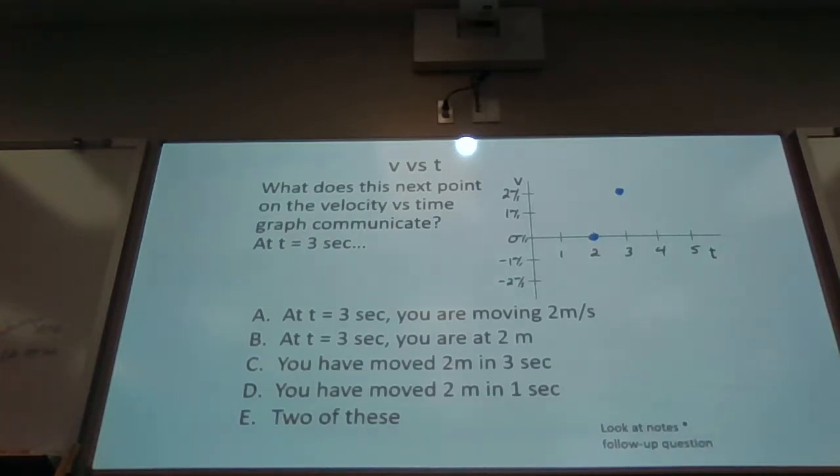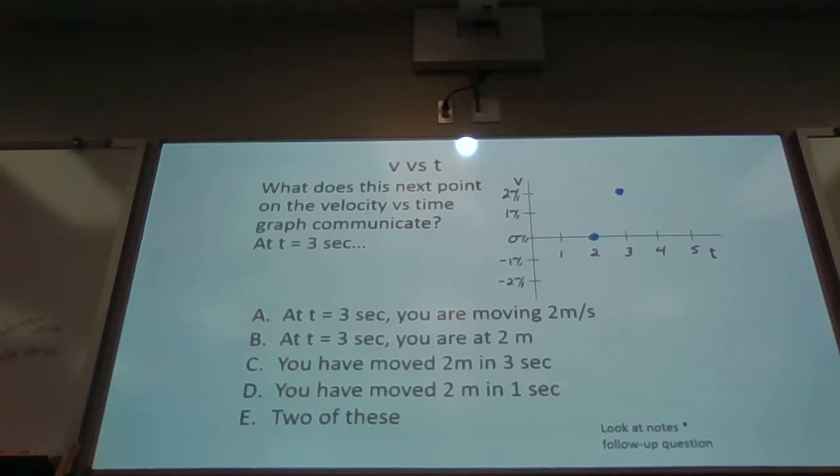Does that mean you've traveled 50 miles? No. That just means your rate is 50 miles per hour. If you would maintain that rate for an entire hour, then you would have traveled 50 miles.